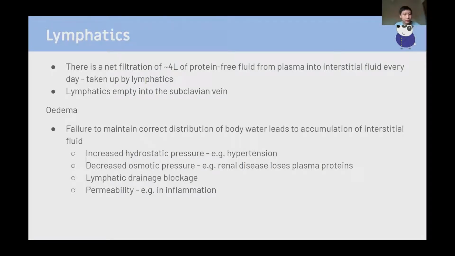And if you have decreased osmotic pressure, for example, if you somehow lose your plasma proteins as you can in renal diseases, then you won't get as much reabsorption. If you get lymphatic drainage blockage, then obviously there's nothing to drain all that fluid. And you can also have increased permeability. So something like inflammation, where you have histamines and all of that, make it easier for the fluid to flow outwards from the capillaries.